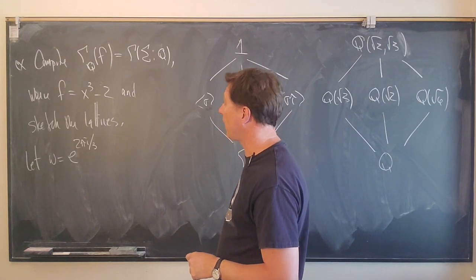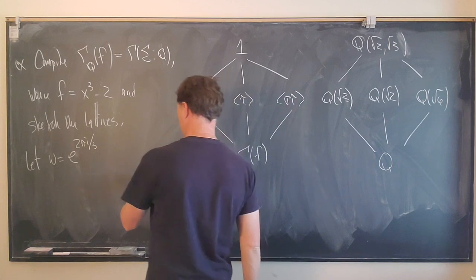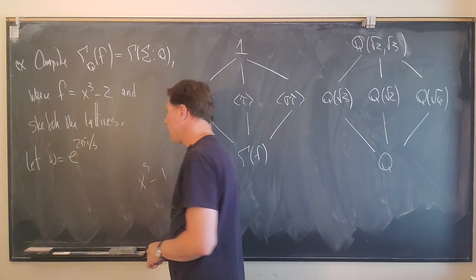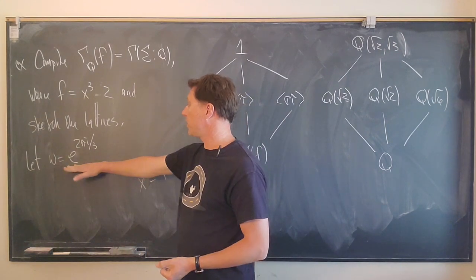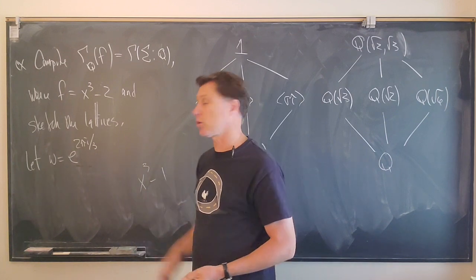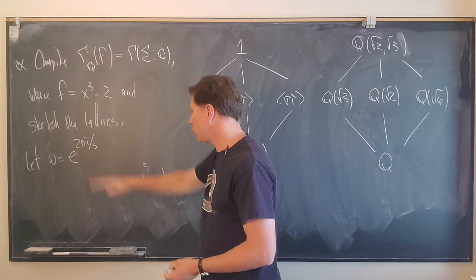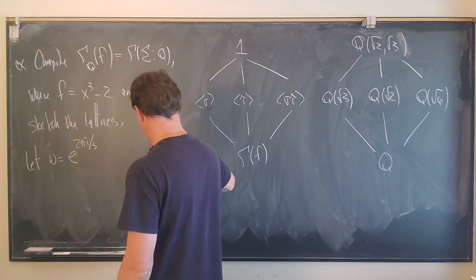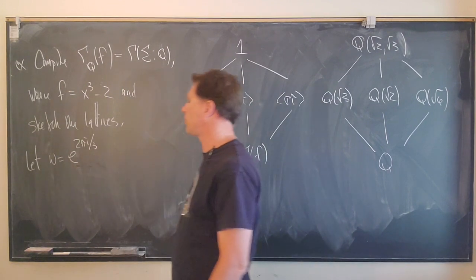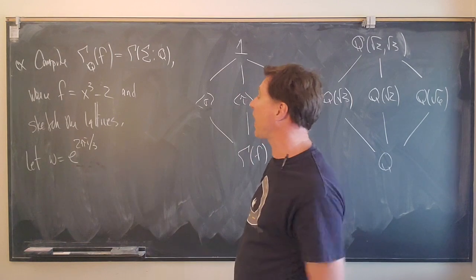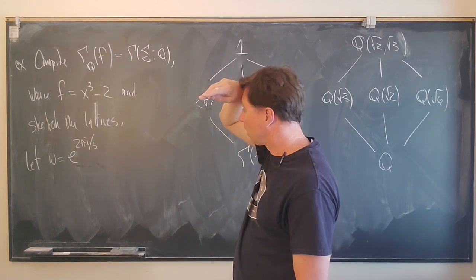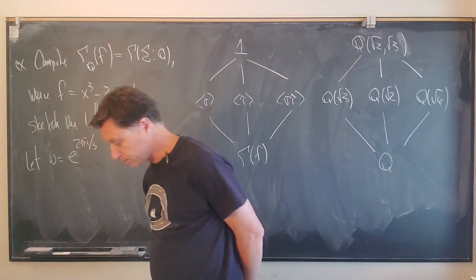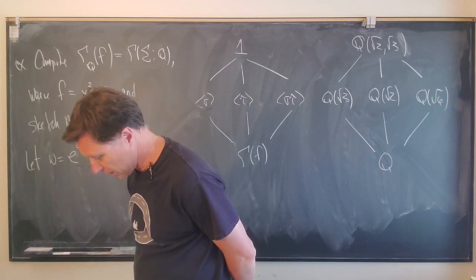If we were looking at the polynomial x cubed minus 1, then one of the roots would be this one right here. The other ones would be the powers, so this thing squared, this thing cubed, which would be 1. Those would be the roots. So if we take the primitive root of unity and scale it by a factor of cube root of 2, then we get all the roots.